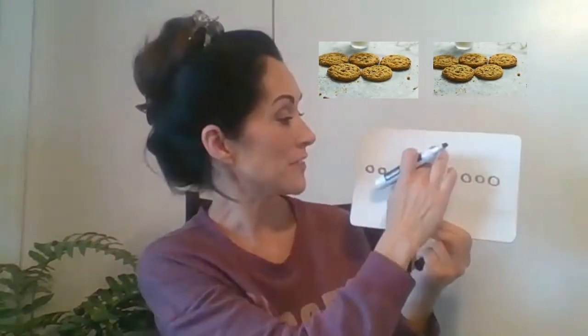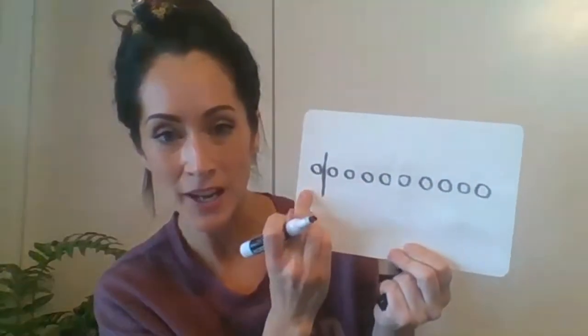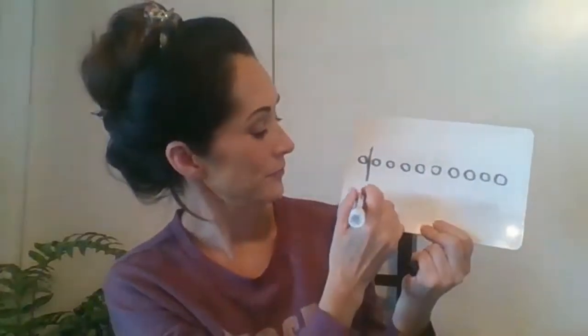Now, just because 5 plus 5 is 10, does that mean that there's no other way to break it up? Of course not. There's so many ways. So let's try another way. Let's just do 1. And then, so we have 2 parts. What's my first part here? We have a 1 over here. And how many on this side?